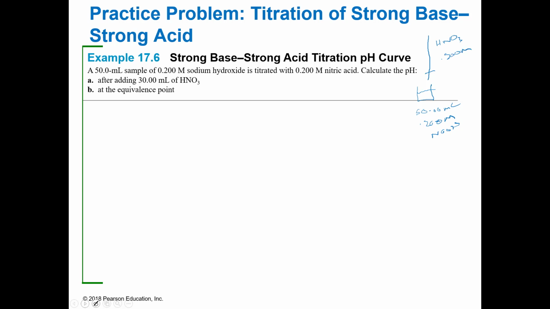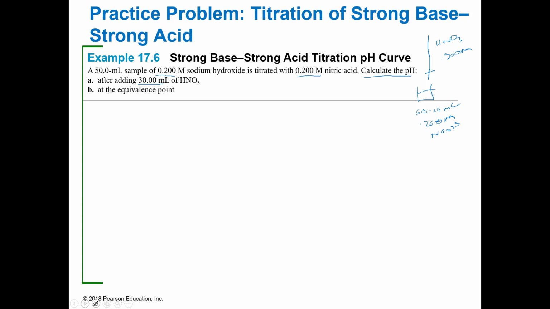So the question is, they want you to calculate the pH at various points. The first point is after you've added 30 milliliters of nitric acid. Now, this problem is kind of contrived in that, notice both of these have the same concentration.